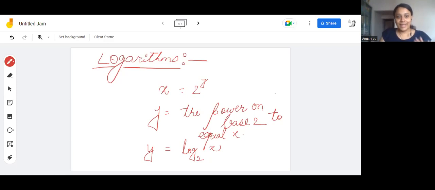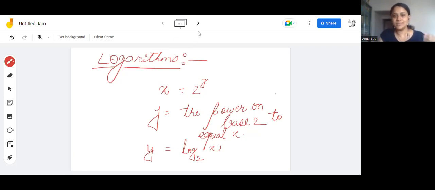This is read as y equals the log of x base 2 or y equals the log base 2 of x. Okay, so this is how we read the log.